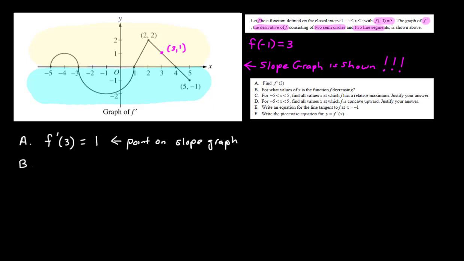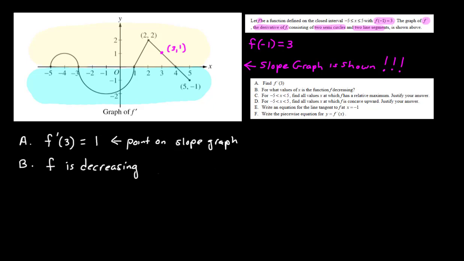Now for question part B. For what x values is the function f decreasing? F is decreasing. And what's beautiful about this is I can't see the function f. So I can't just visualize like a fourth grader would, where is the function getting smaller? I can't visualize that.